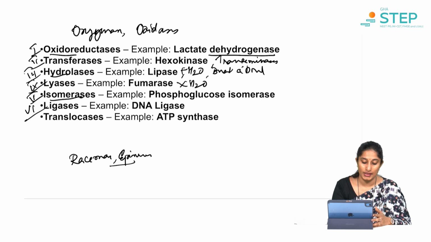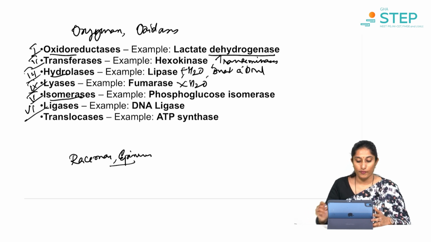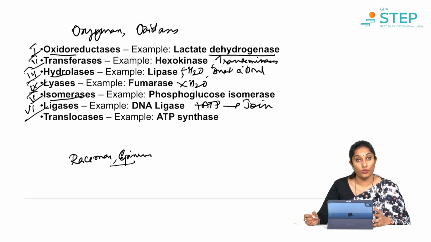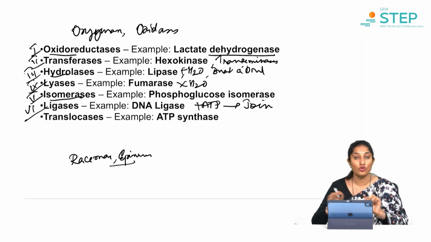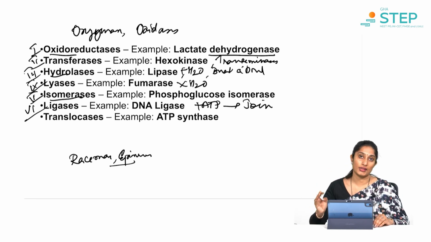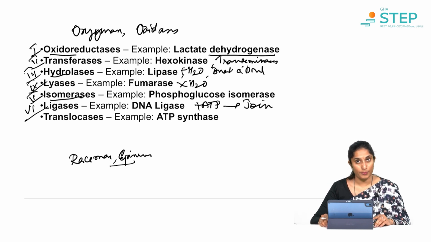Class number 6 is ligases. When you have an addition of ATP and then you join two compounds, we call it a ligase. Ligase means to bind or to ligate, driven by an energy molecule, that is ATP. The example for this is DNA ligase. Kinases also belong to this group.